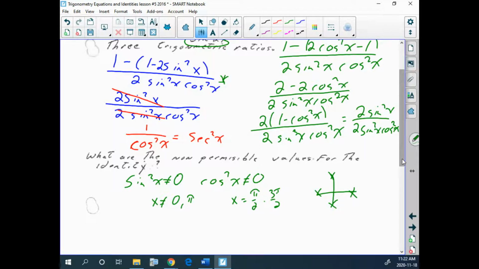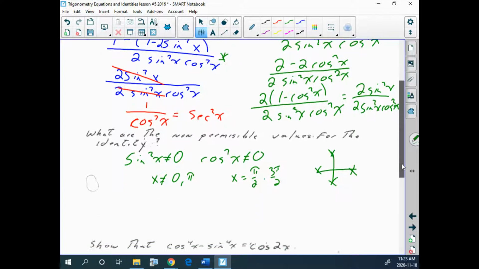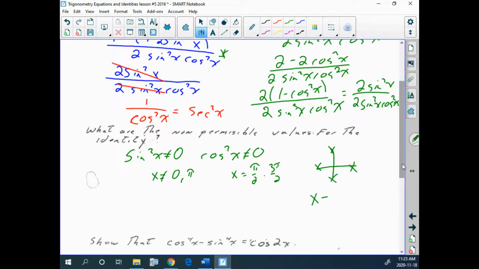Whenever I ask you to solve a multiple angle identity, my first choice is to use your double angle identities to turn it into something else. X cannot equal to pi over 2 n. And we'll go over some of that solving tomorrow.